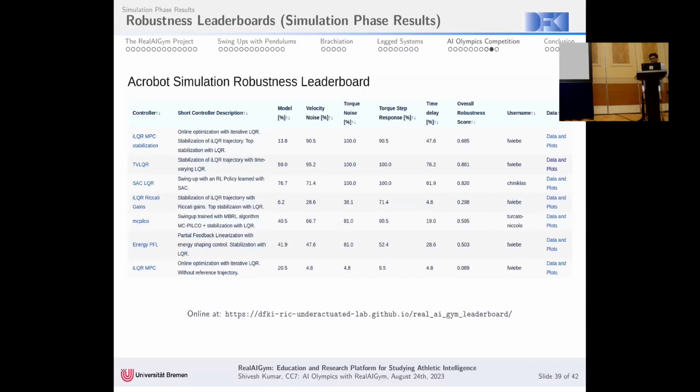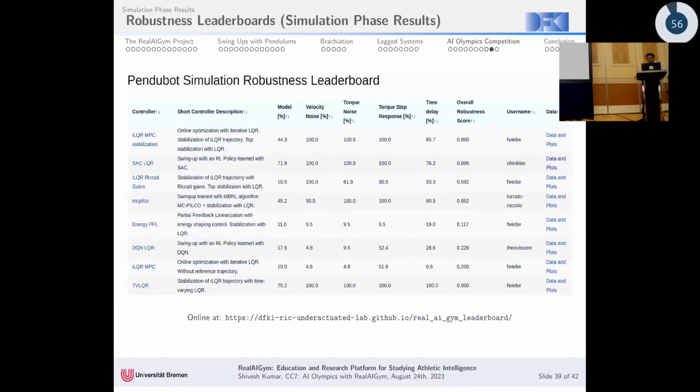For example, MC Pilko achieved a score of 0.595. And this is the PenduBot simulation robustness leaderboard. Here again we can see that SAC-LQR, for example, achieved quite a good robustness score, but again TVLQR remains the best performing controller.